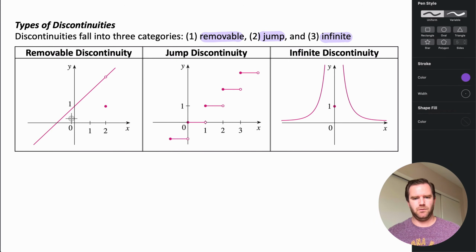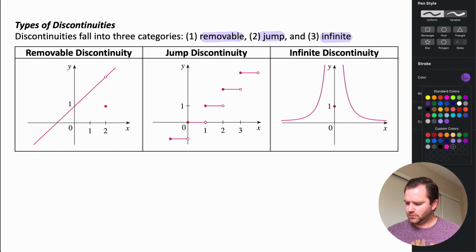That's why it's removable. A jump discontinuity basically means that as you approach from the right and the left, you approach two different numbers, and it's like your graph is jumping. There's a gap and it jumps. An infinite discontinuity is when your graph on either side is approaching infinity. So that would be an infinite discontinuity.